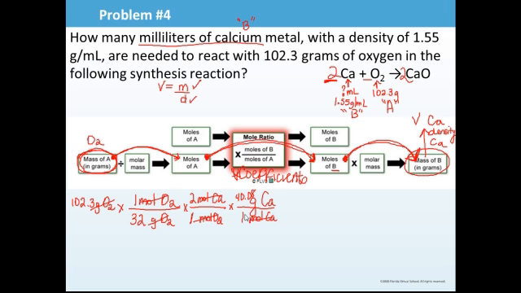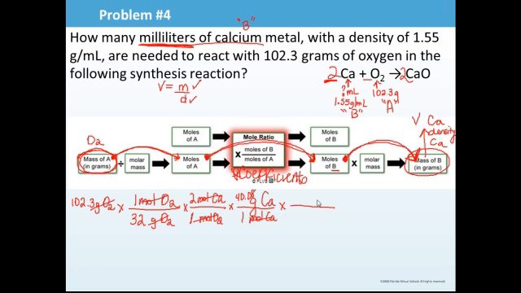Our moles of calcium cancel. We're left with grams of calcium, which in the 4.06 regular lesson, that's pretty much where we ended, right? That's it. But we're in honors. Therefore, we do more with this material. We are going to convert to milliliters.